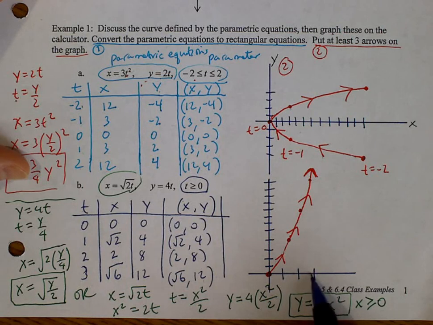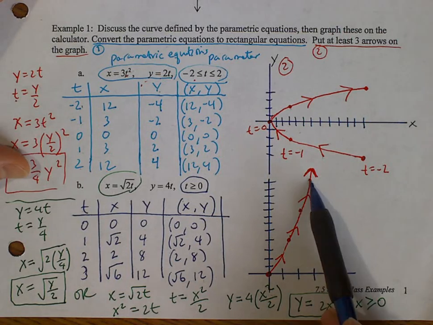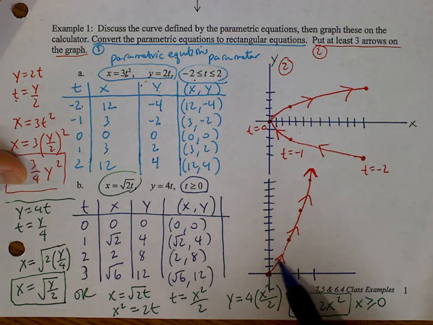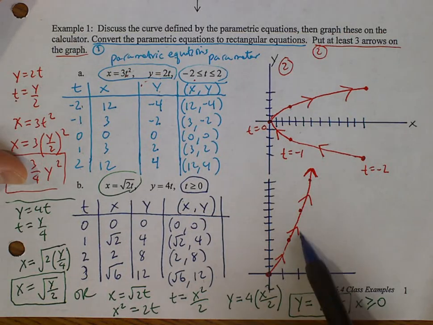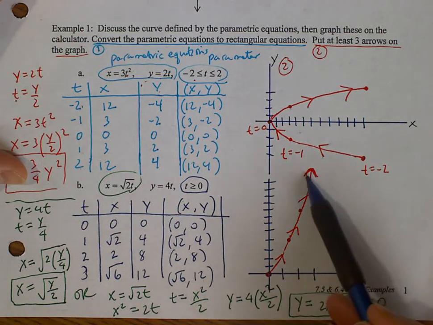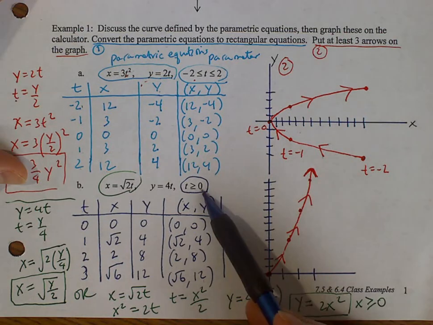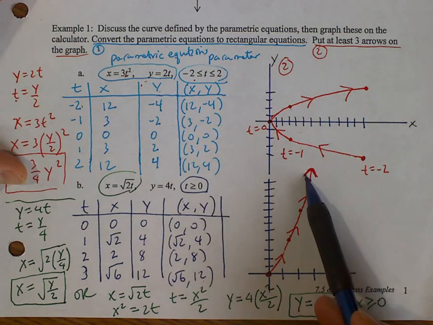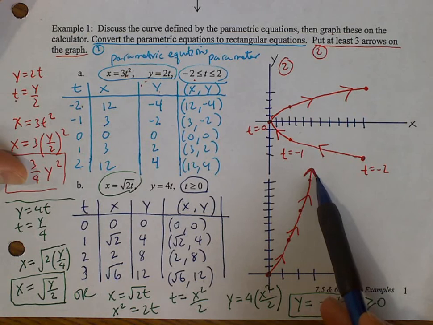So it's going to be square root of 6, and then 12 is going to be up here. Okay, so that would be my graph. It's going to start here, and then the arrow goes this way. And then at the very end, since it's going out to infinity, I'm going to put a last arrow at the very end.